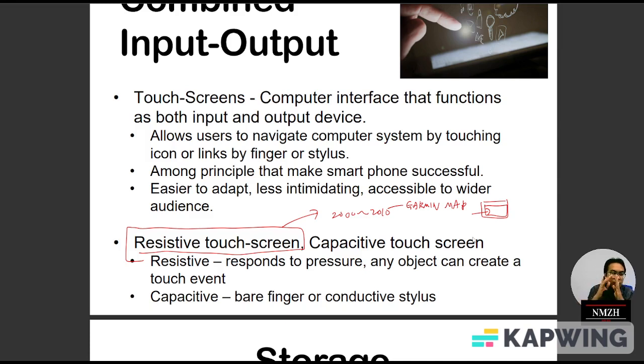Capacitive means you just touch the screen. Anything that reacts to the screen, that would be capacitive. Bare finger, conductive, that would be the idea. Resistive means pressure. You need to apply some kind of press and force to that particular display.